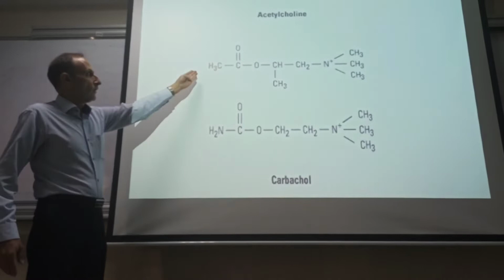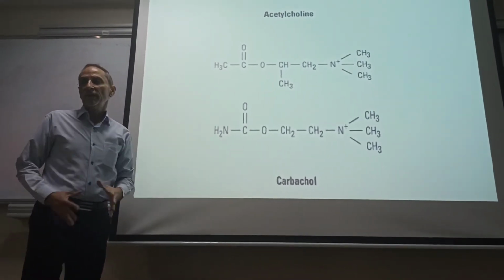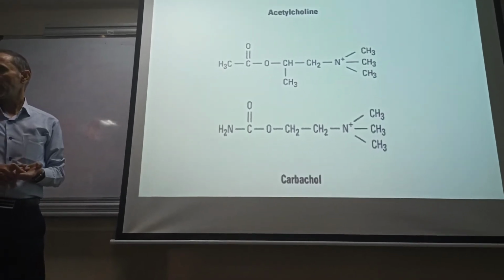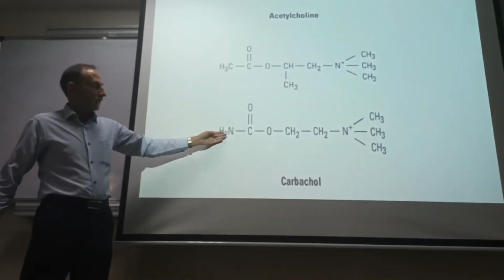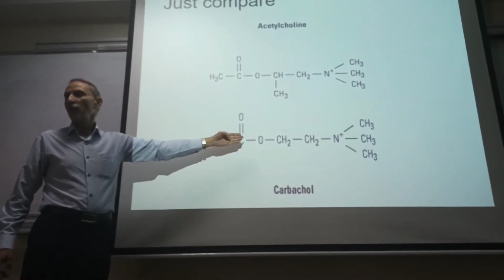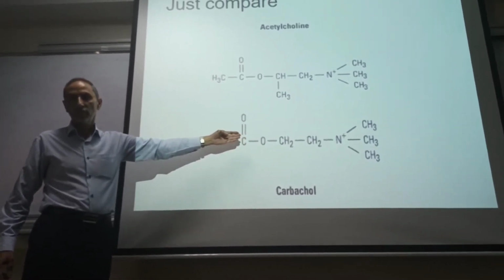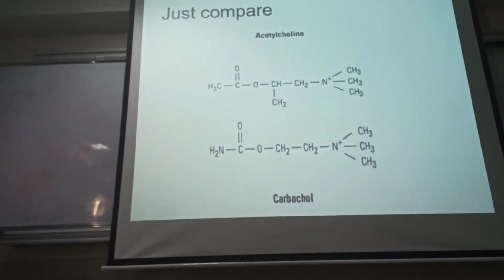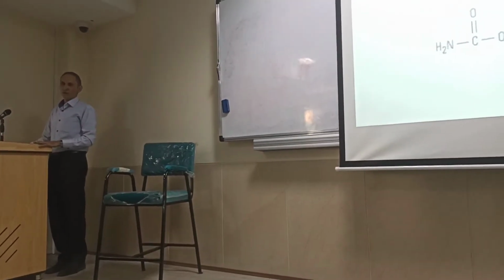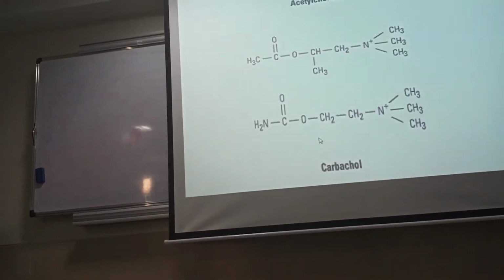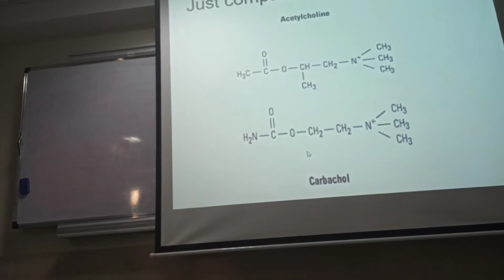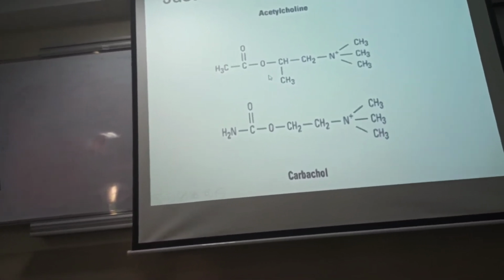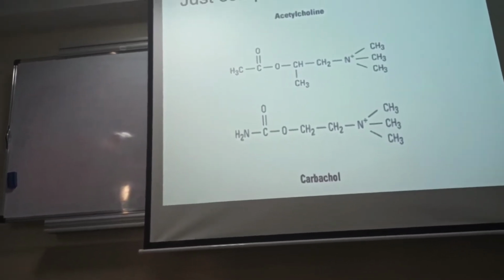Also, for acetylcholine we said that we have both nicotinic and muscarinic receptors. Carbachol has a tendency for muscarinic receptors and it has low affinity for nicotinic receptors. Carbachol is an agonist for muscarinic receptors, and acetylcholine is an agonist for both nicotinic and muscarinic.